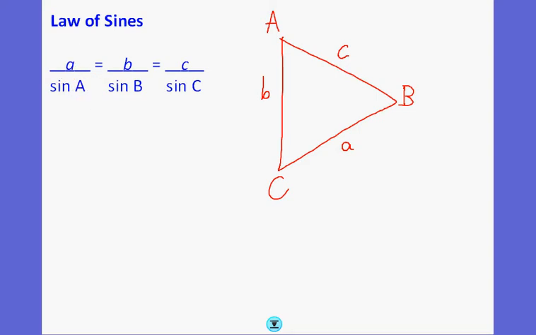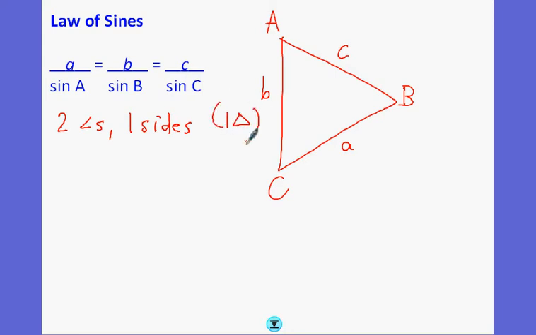In one of those situations, if they tell us 2 angles and 1 side, this is completely unambiguous. There's only one triangle in that situation.